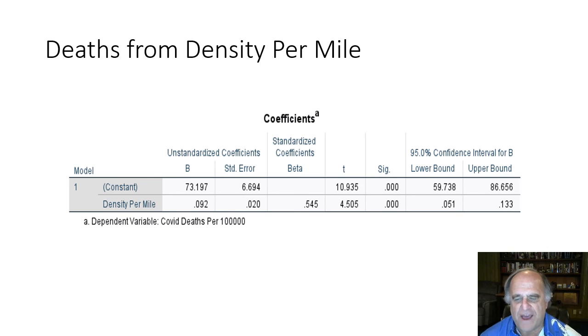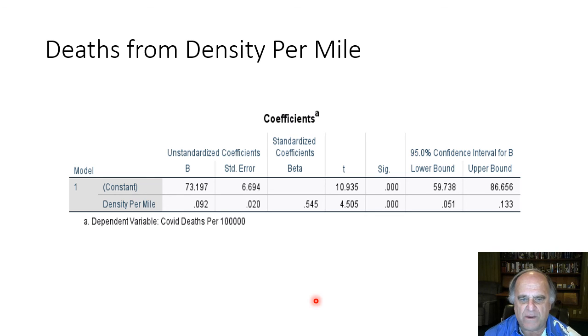And then this is our final piece of output. Again, we have our regression equation here, and we can use it to create a predictive equation. The constant has a value of 73.197 with a standard error of 6.69. The density per mile has a B value of 0.092.